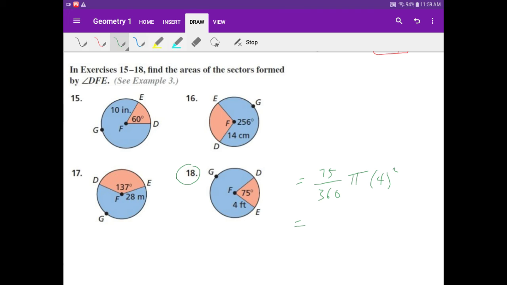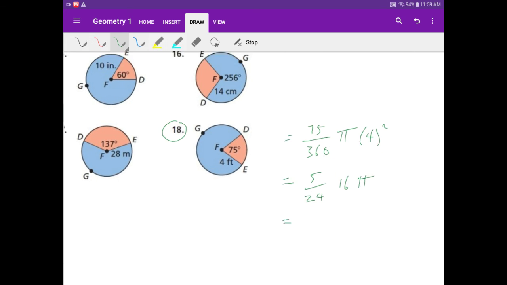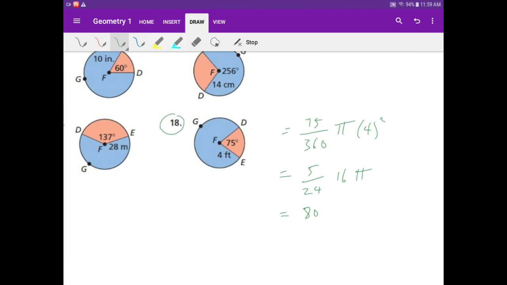If I was to simplify this, at this point you can just plug the whole thing in your calculator and it will give you an answer. But let's do this. So you got 5 over 24, just so you have all your steps here. 4 squared is 16 times pi. 16 times 5 is 80. So it's going to be 80 over 24.